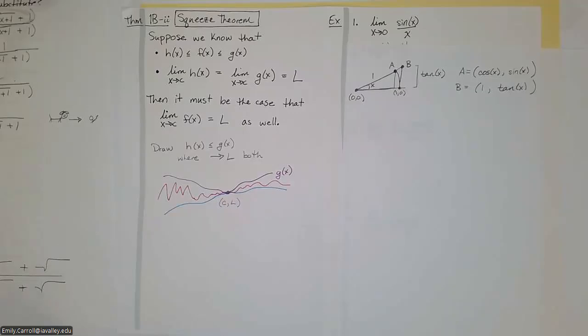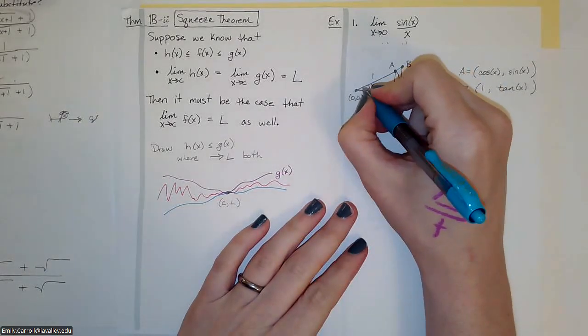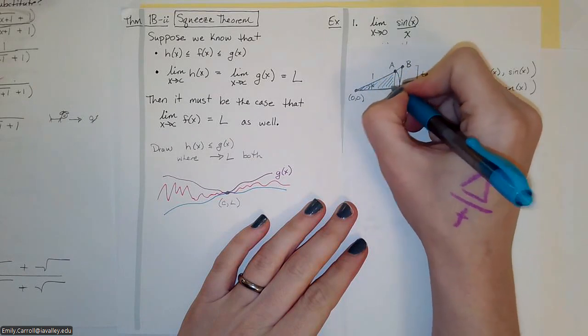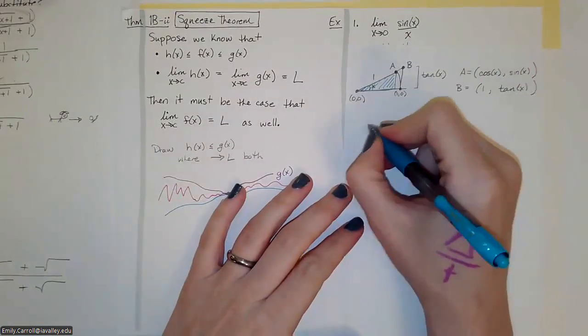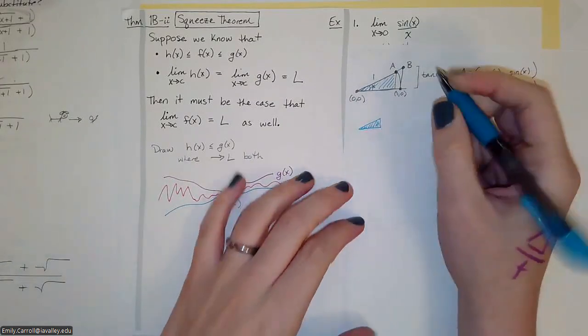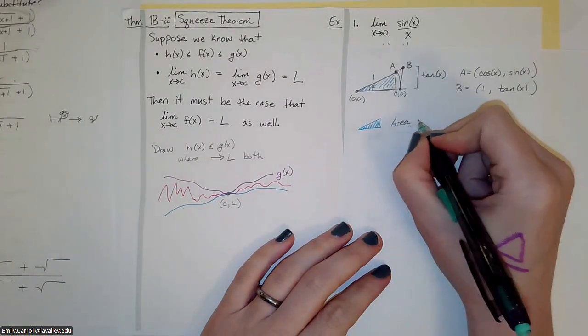Now, I'm going to consider 3 different areas. The first one is the smallest, the little triangle. What is the area of the little triangle?